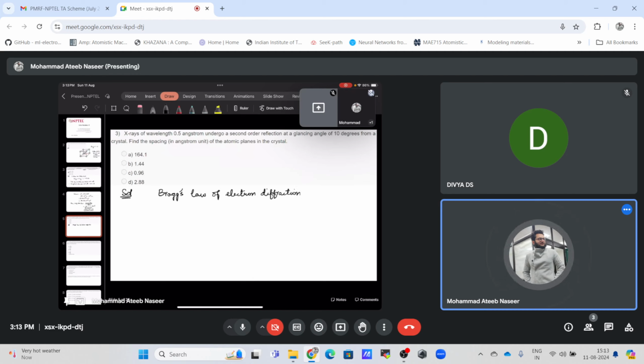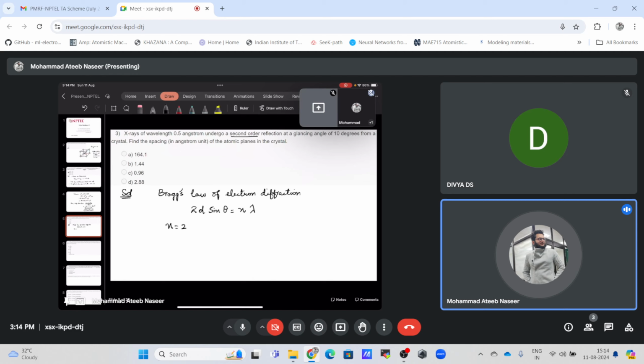In that we found that the distance between the two planes depends upon the angle of incidence and has to do with the wavelength whenever we want to have constructive interference. So 2d sine theta is equal to n lambda, where n is the integer multiple and is the order of the reflection, and here n is equal to 2.